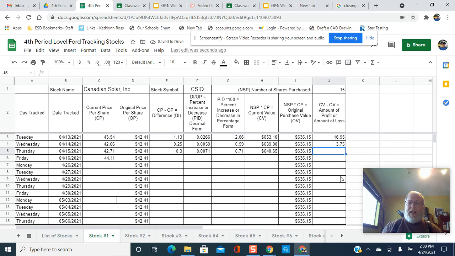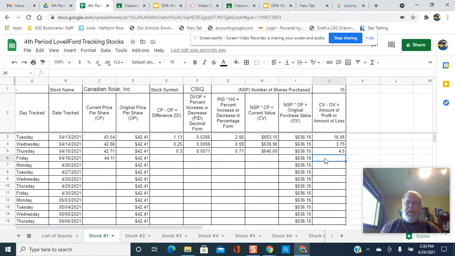And then we find out how much profit we made now. So we subtract equals 640.65 minus 636.15. Okay, so we made a profit of $4.50.